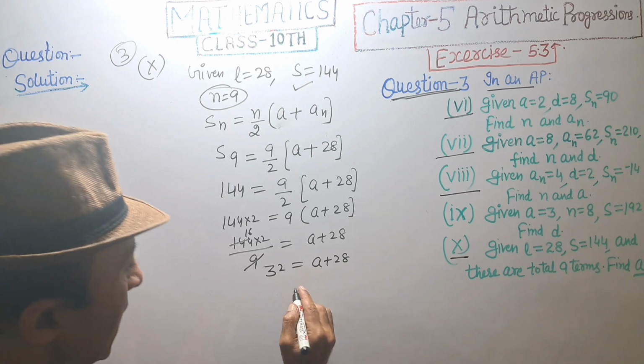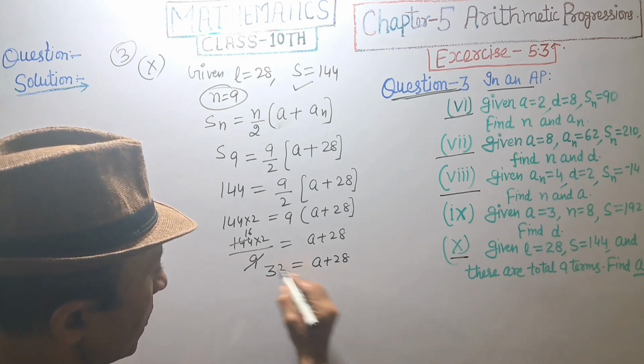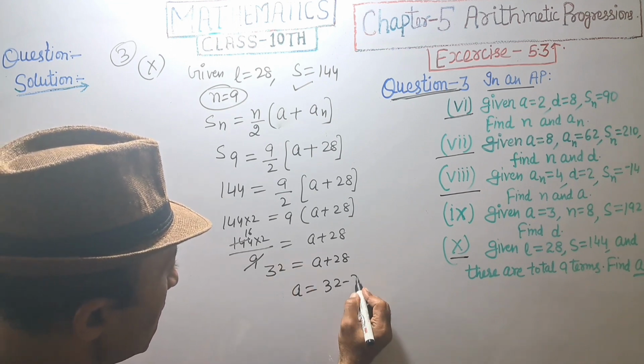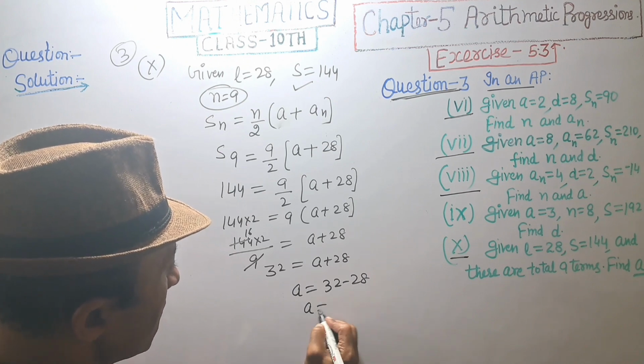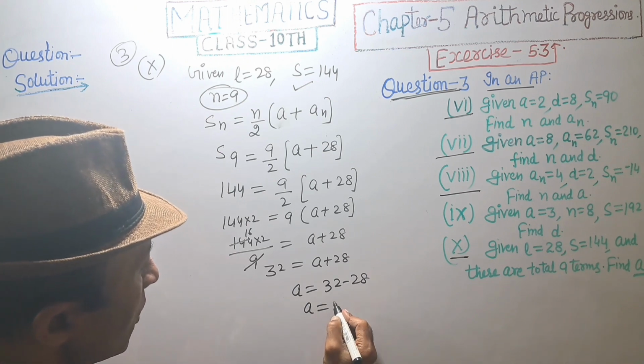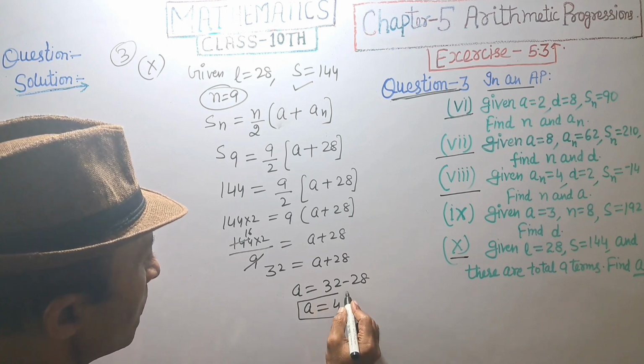We want to find a. A is equal to 32 minus 28. A is equal to 4.